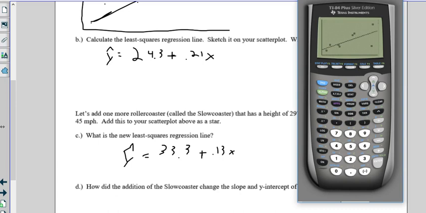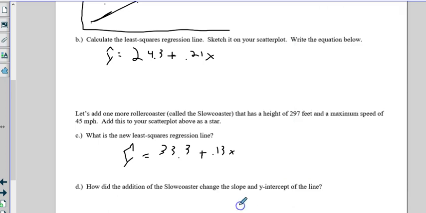It's getting pulled down because over here, this dot right here, that's our new slow coaster we just added. So it's pulling the whole line down towards that new dot. So what happened to our slope? It went down. And what happened to our y-intercept? It went up, it increased.